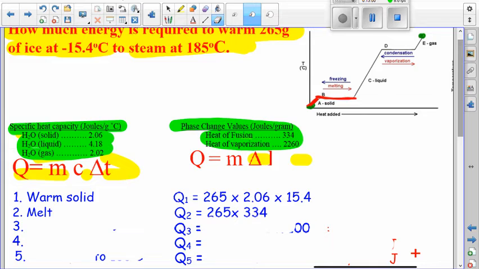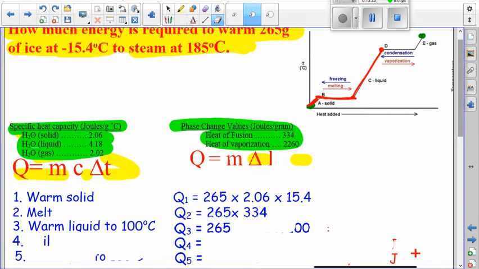Now our next section, we're going from here up to here. So that is all liquid water, and we're just warming it up. So is the temperature changing? Yes. Q equals MC delta T, business as usual. Our M is 265.